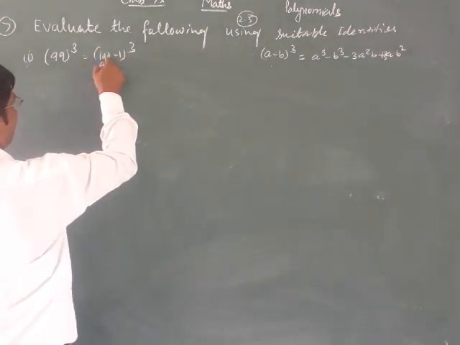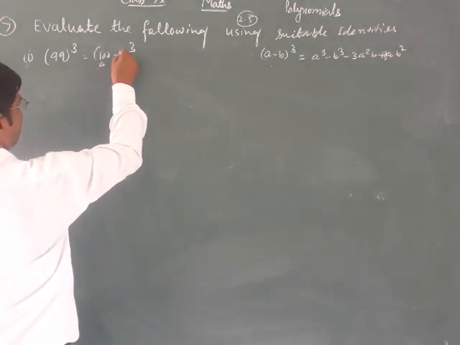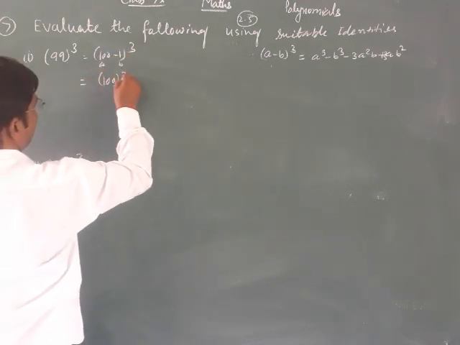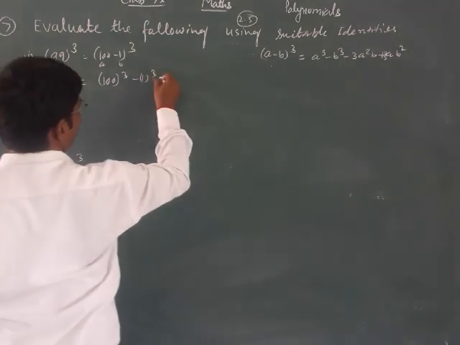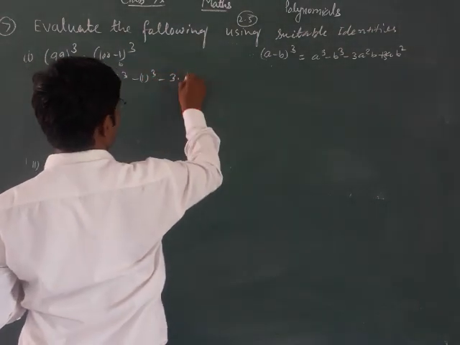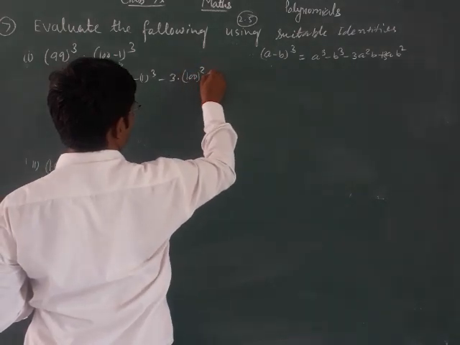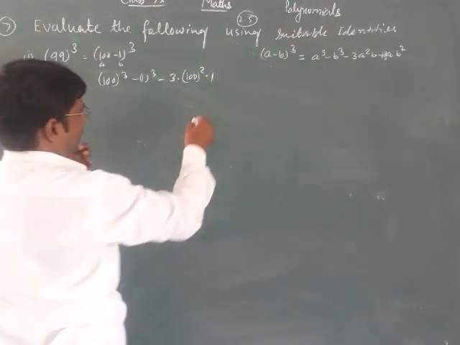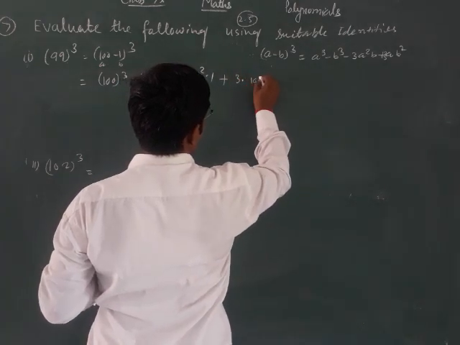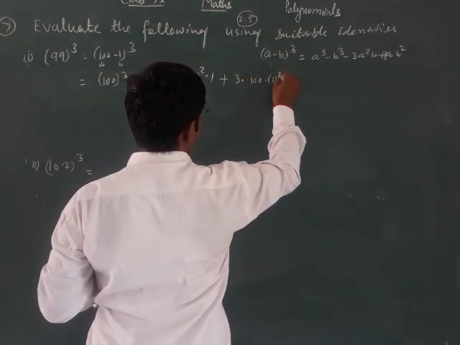So a is equal to 100 and b is equal to 1. So 100 cube minus 1 cube minus 3 into 100 square into 1 plus 3 into 100 into 1 square.